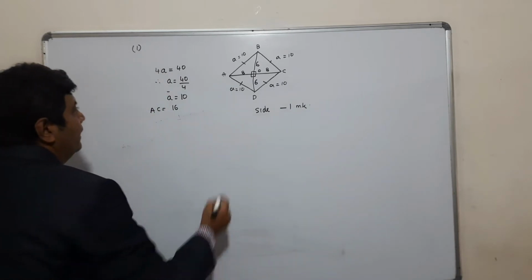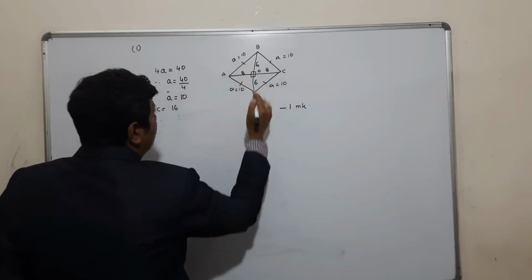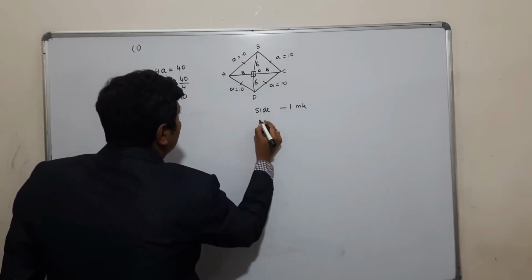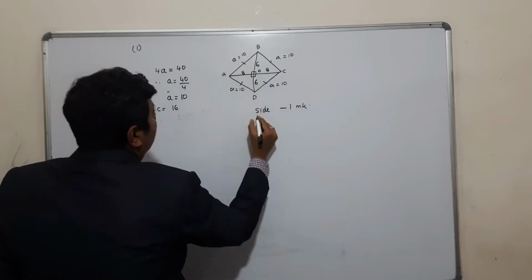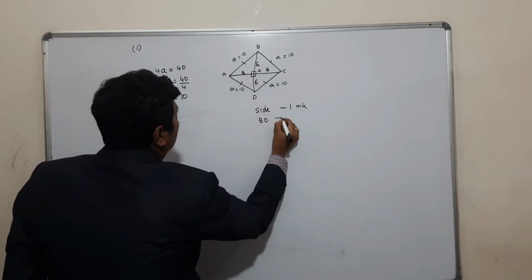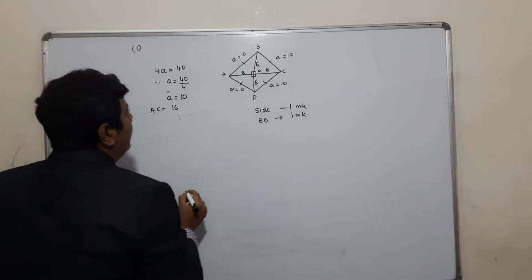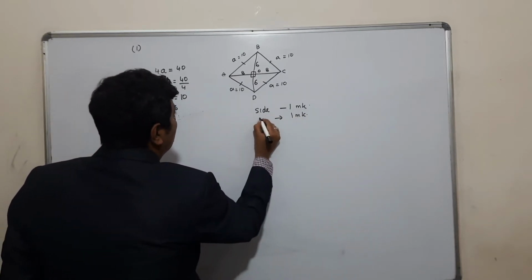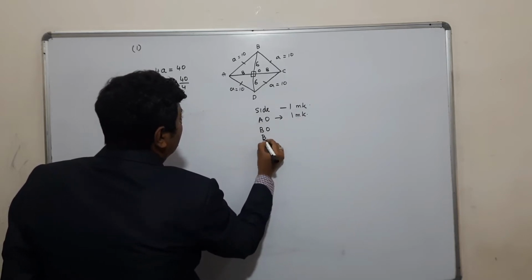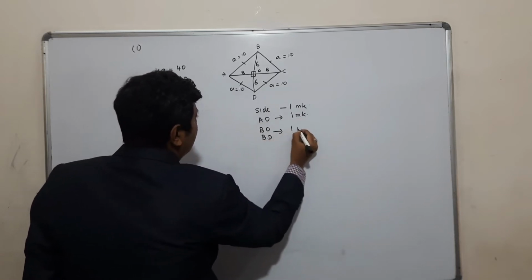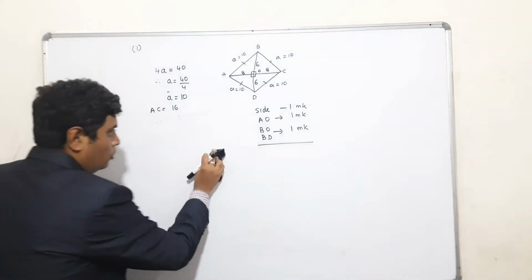Then second is to find the BO, you will give 1 mark. And then to find AO, you will give 1 mark, and to find BO and BD, you will give 1 mark. So total is 3 marks. This is how will be the marking scheme for this sum. Okay.